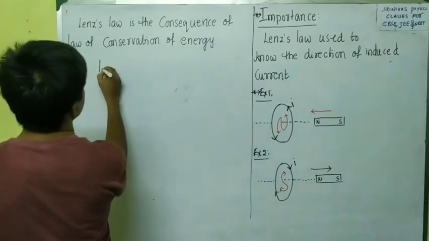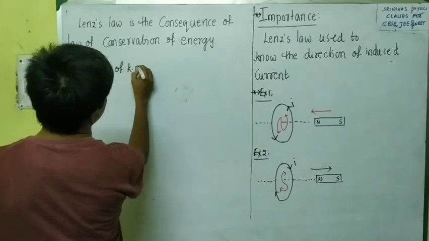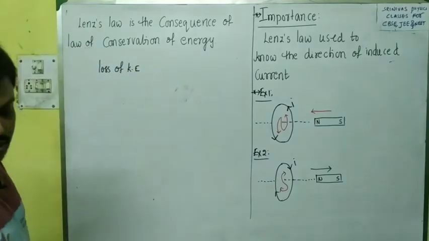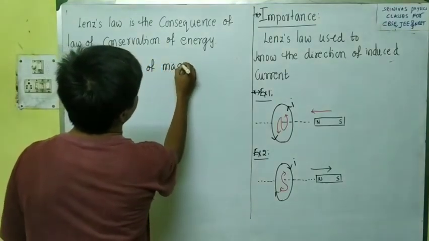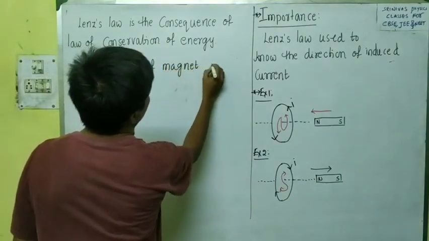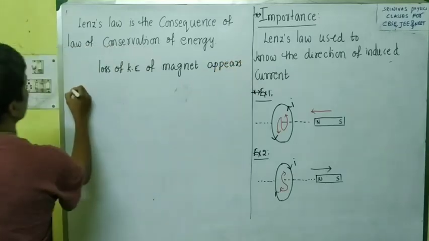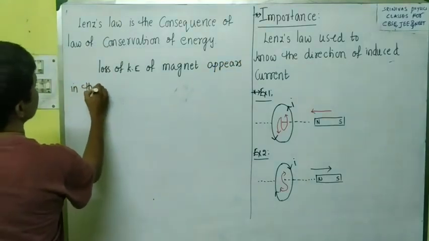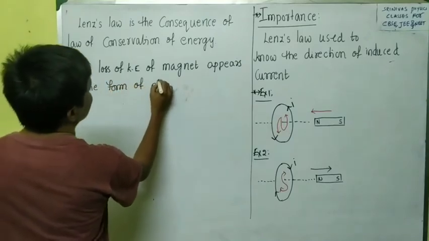of kinetic energy of the magnet occurs. Loss of kinetic energy of magnet appears in the form of electrical energy.